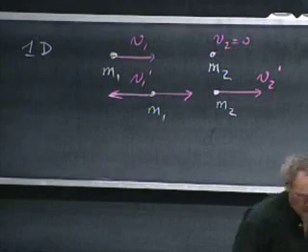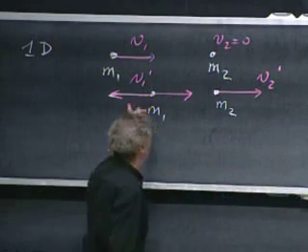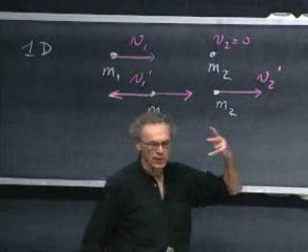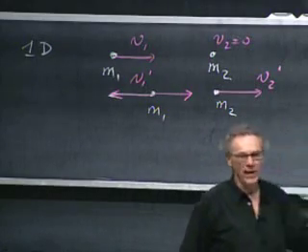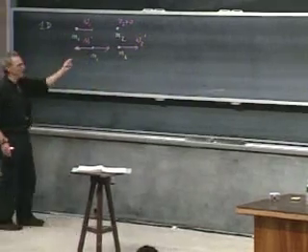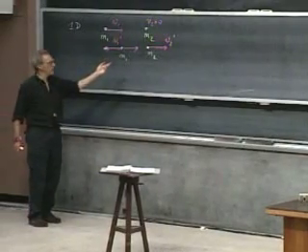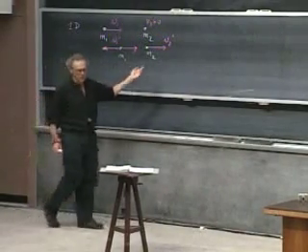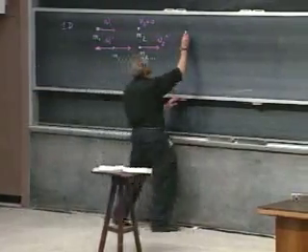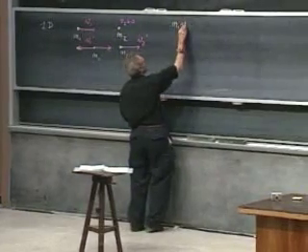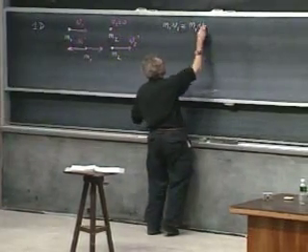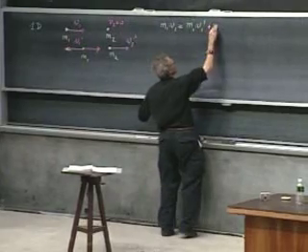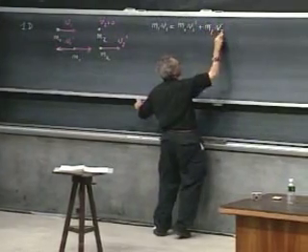To find v1 prime and v2 prime, it's clear that you now need two equations. And if there is no net external force on the system as a whole during the collisions, then momentum is conserved. And so you can write down that M1 v1 must be M1 v1 prime plus M2 v2 prime.